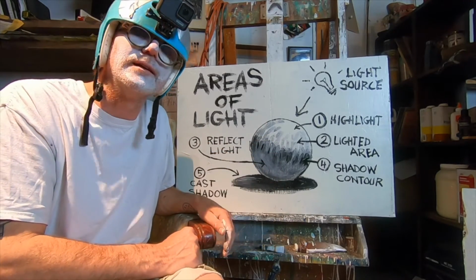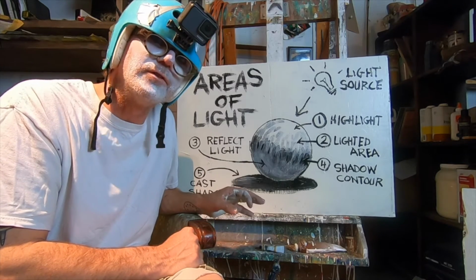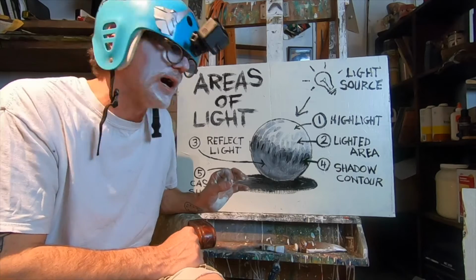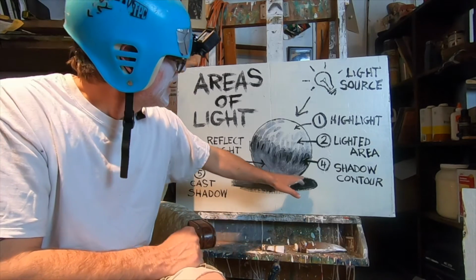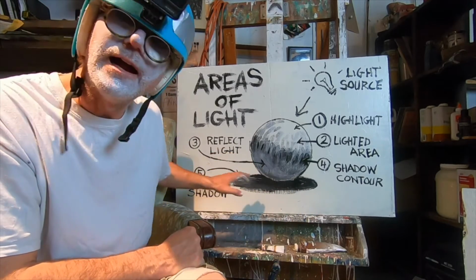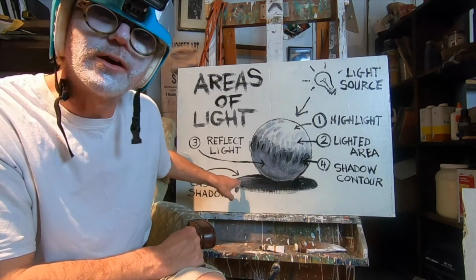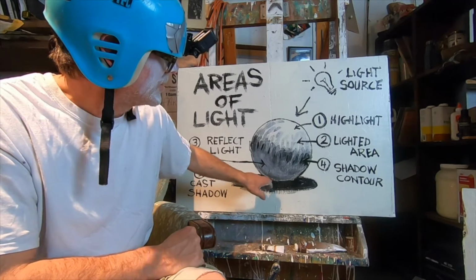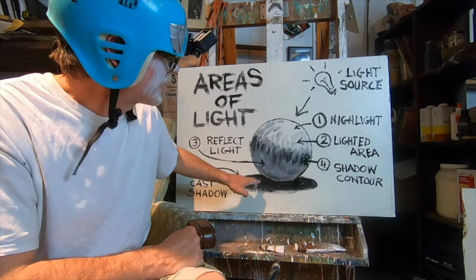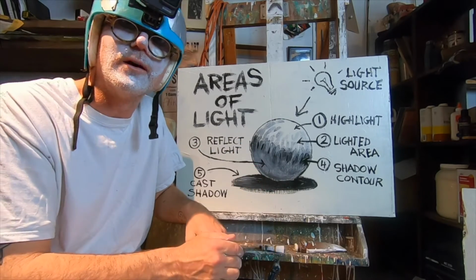All of a sudden I started seeing things totally differently, and I understood a lot. And then the darkest area is the cast shadow. The cast shadow is darker as it approaches the point of connection.